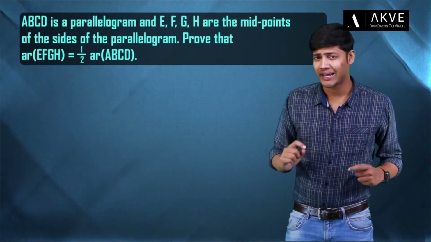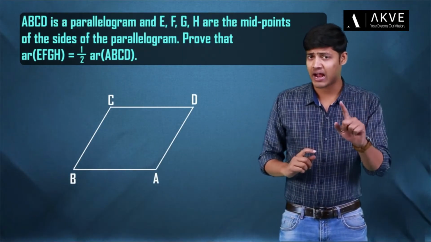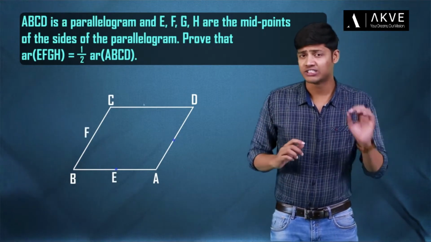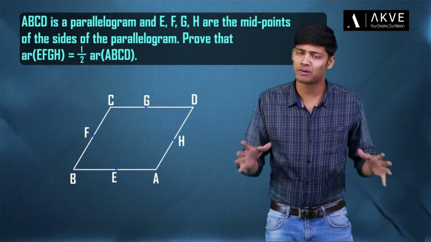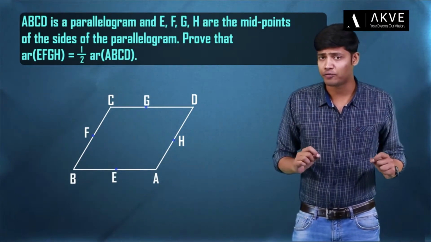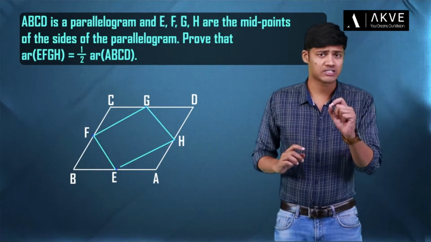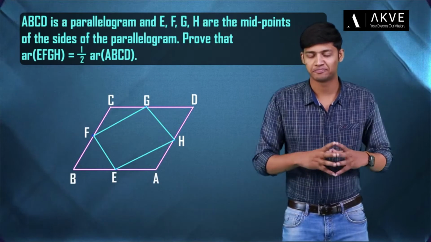In this problem, it has been mentioned that ABCD is a parallelogram and E, F, G, H are the midpoints of the sides of the parallelogram respectively. Now we have to prove that the area of EFGH is half of the area of ABCD.